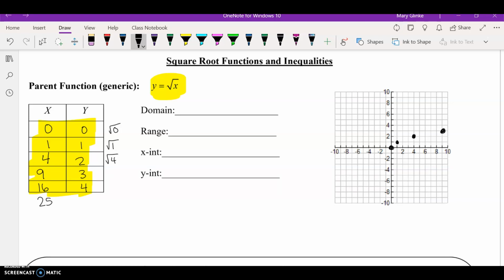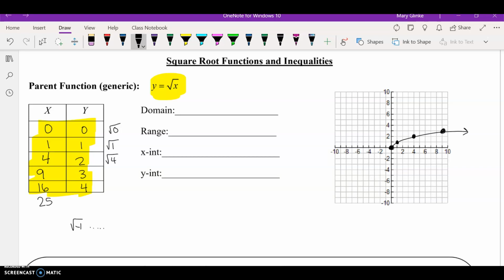Now, to connect this graph, we want to make sure that we're connecting it and making the graph accurate. If you think about negative numbers, if I would have asked you the square root of -1, we would not have been able to do that. So our graph here does not go into the negatives, meaning it's going to start at 0, 0.